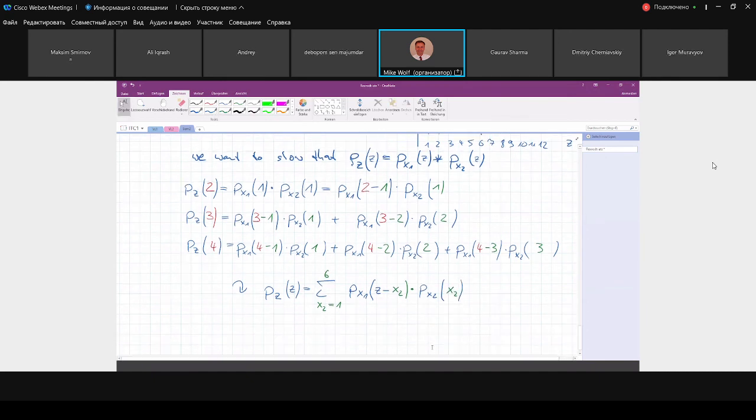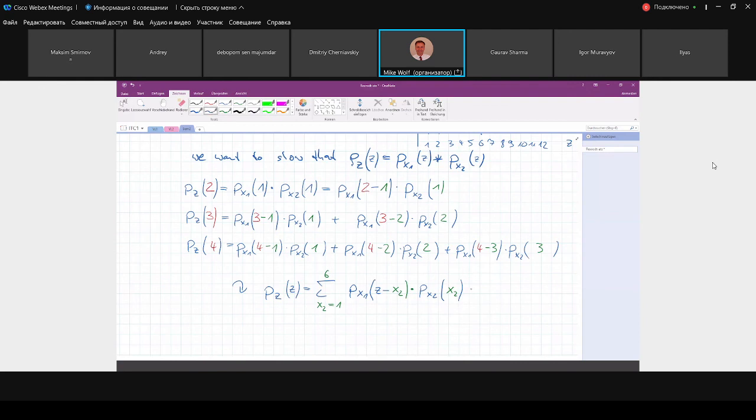Which you may know not in this discrete form, but for continuous time signals. If you write this for continuous time signals, this could be in the time domain, t and tau. Instead of a sum, you use an integral. The short version of this is, of course, just a discrete convolution.